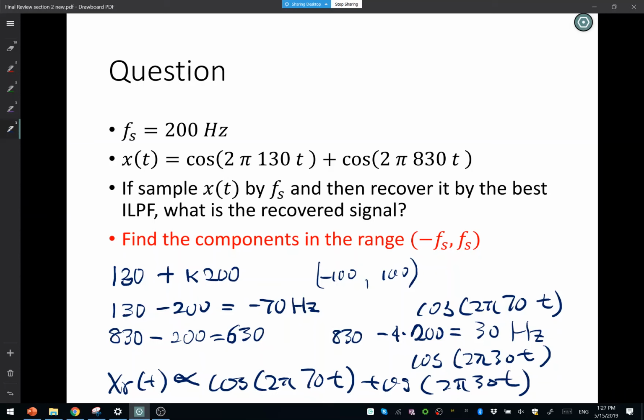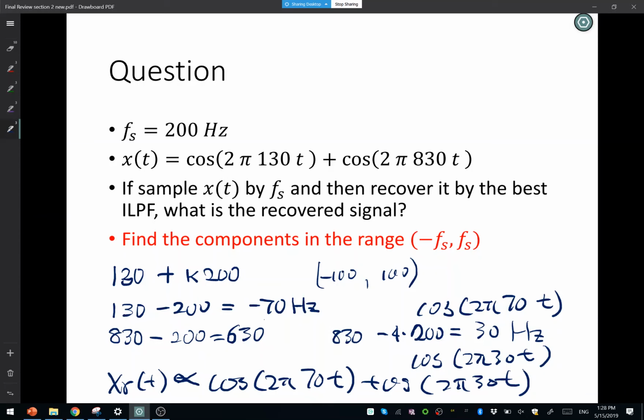Question? Are we just ignoring the k? Which k? The k is, I'm trying all the k's until I find a number between minus 100 and 100. For this answer the k is minus 1, and for this answer the k is minus 4. But k is not very important. The final answer is important.